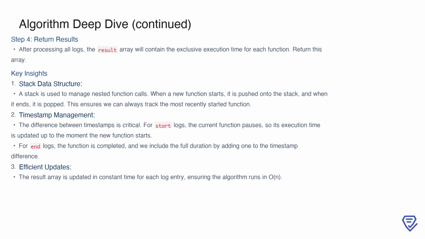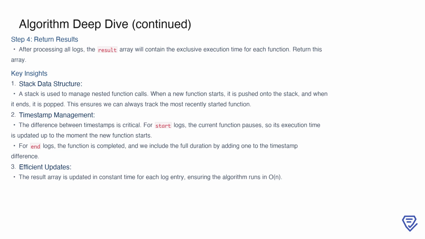There are a few key insights to highlight here. First, the stack plays a critical role in managing nested function calls. Whenever a new function starts, it is pushed onto the stack, and when it ends, it is popped, allowing us to always track the most recently active function. Second, the precise management of timestamps is essential for accurate calculations. For a start log, the execution time of the current function is updated up to the point when the new function begins.